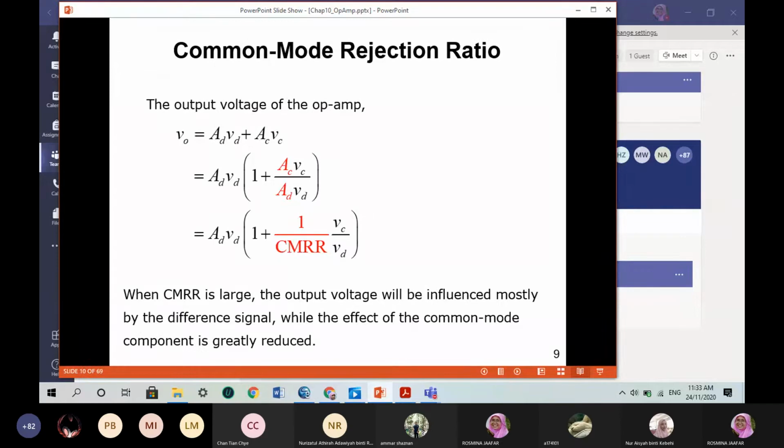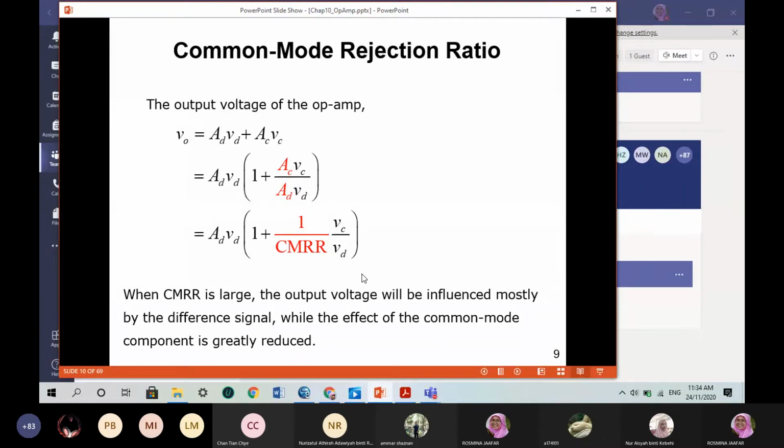Okay, the output voltage of the op-amp Vo equals the voltage due to the differential gain plus the voltage due to the common mode. If you rearrange this equation, it is going to equal AD times Vd multiplied by 1 plus 1 over the common mode rejection ratio multiplied with Vc over Vd.